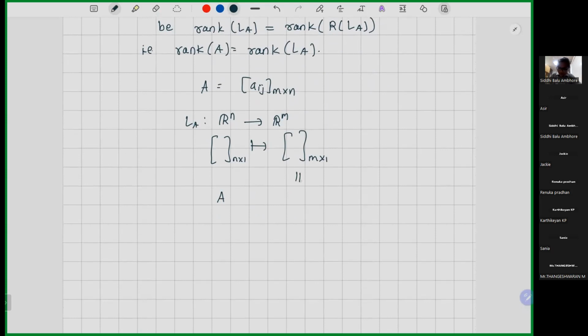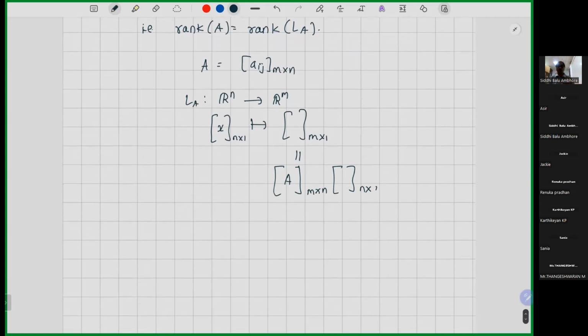So, and this M is what? This A, N cross M cross N into N cross 1. So this was some X. Then X is going to this matrix actually. This is how it is defined. So X, an N cross 1 matrix, is going to an M cross 1 matrix.